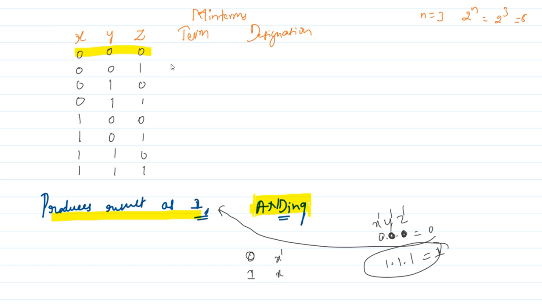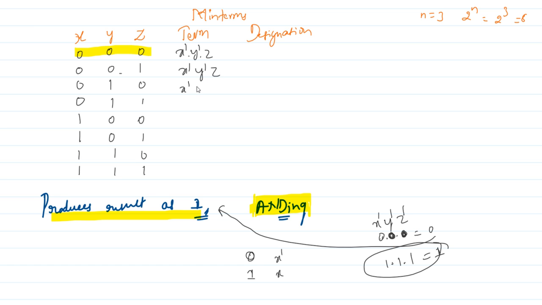So here, with the ANDing operation, what I have to write: x is 0, y is 0, z is 0, so x prime, y prime, z prime. These three variables are combined with the ANDing operation. That's it. Here x is 0, y is 0, then z is 1, so I have to write x prime, y prime, z.